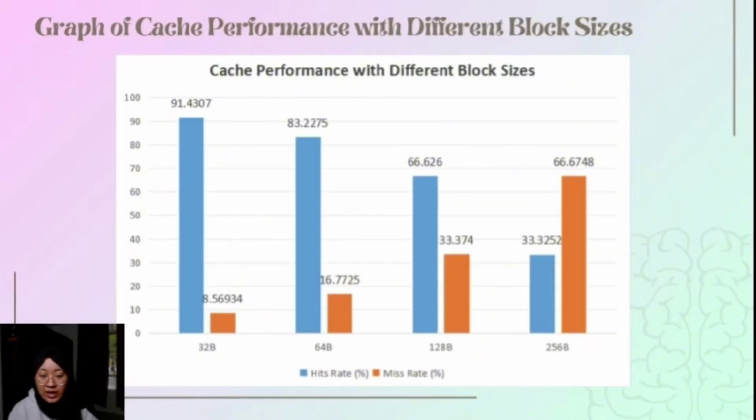In contrast, larger block sizes reduce the number of cache lines, thereby increasing the likelihood of overwriting useful data and resulting in more cache misses. Therefore, the result indicates that a block size of 32 bytes is the optimal block size for maximizing cache efficiency with a 32 kilobit cache.